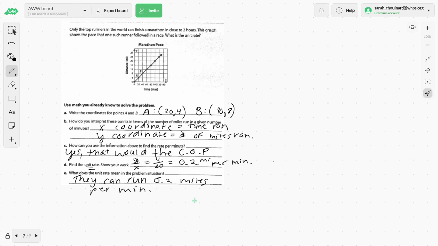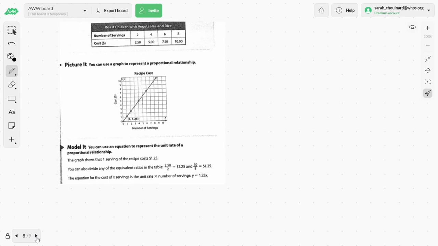And so anytime you need to explain the rate, you're going to just say 0.2 or whatever you get, blank per blank, and it's always going to be Y per X. So in this case, Y was miles and time was X. So that's how I knew to write miles per minute.